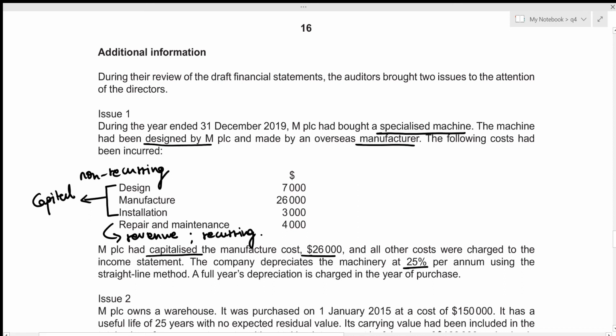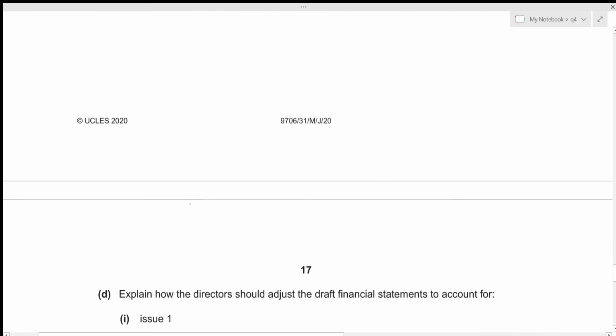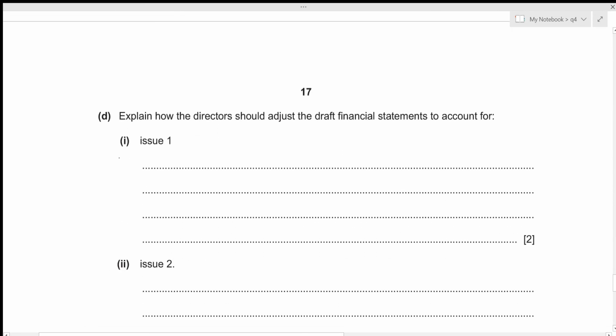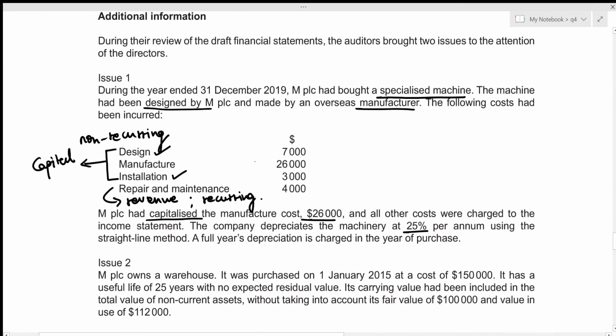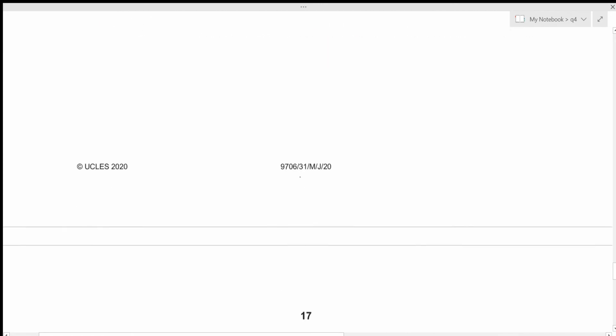Alright, so for issue 1, the error here was that we charged our design and installation as a revenue expense rather than charging it to our capital expenditure, right? Let's write it down. So the accounting treatment would be that the design, let's have a look at the value of design and installation. Design was of 7,000, whereas installation was of 3,000.